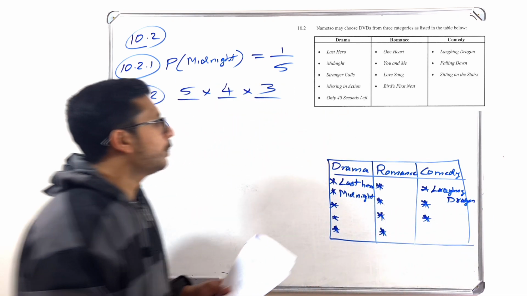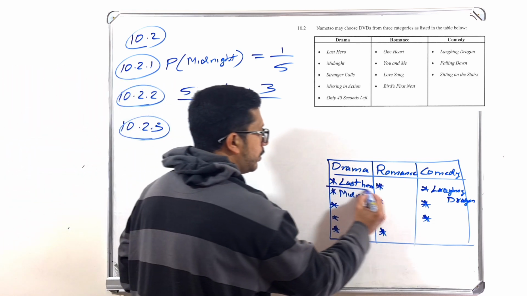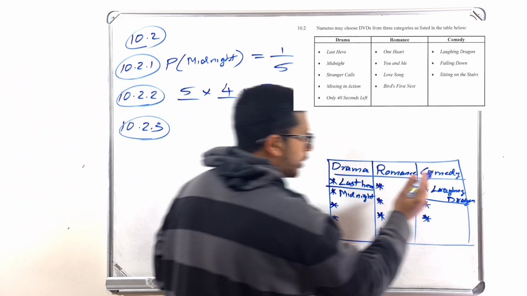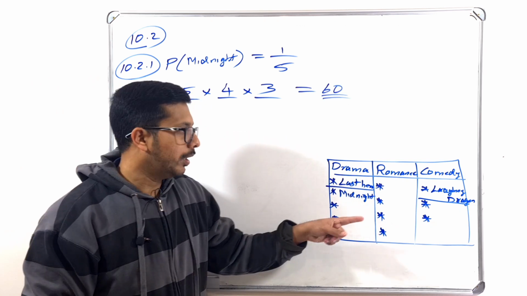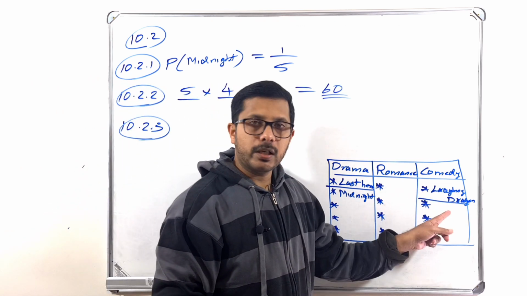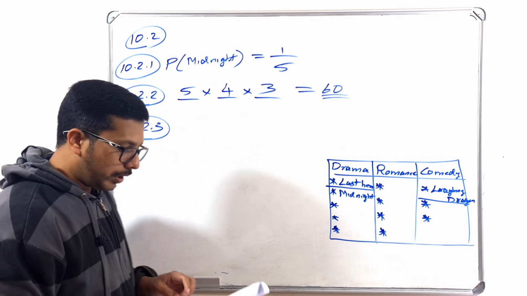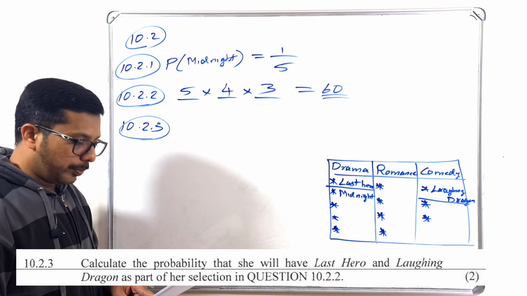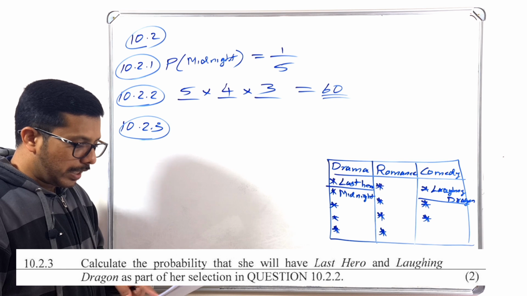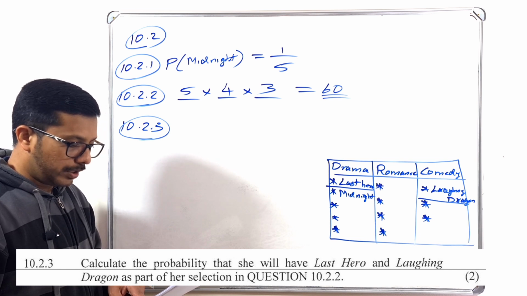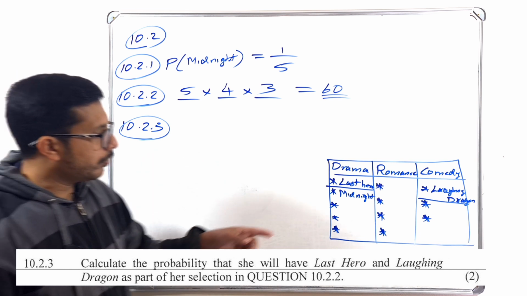Okay, so this is one option and this is another option. This option Last Hero is under drama and Laughing Dragon is under comedy. So here what is the question? Calculate the probability that she will have Last Hero and Laughing Dragon as part of her selection. What is the probability of Last Hero?